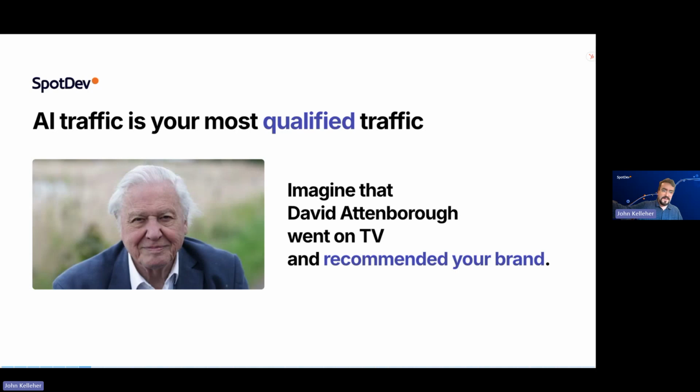And I think perhaps David Attenborough in the UK is the person that we are most likely to trust. It's as if he's gone on to TV and said, I'm going to recommend your brand for this type of work. Your AI traffic, the people using it, they have come from a platform they trust, giving them the recommendation.